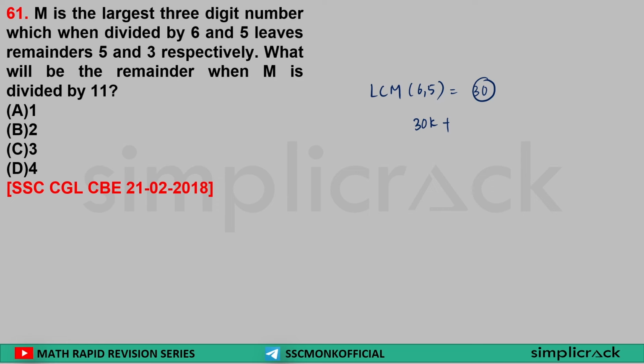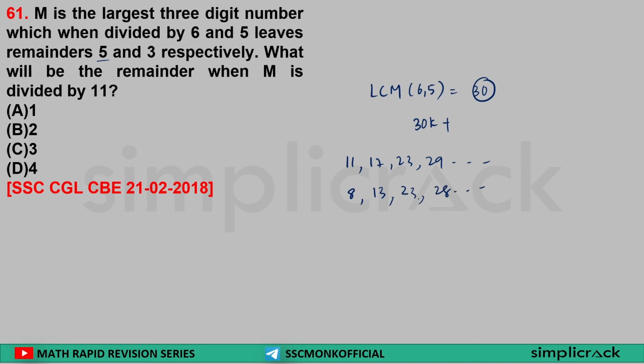Now if a number divided by 6 gives the remainder 5, these numbers can be what? 6 times 1 is 6 plus 5, 11; 6 times 2 is 12 plus 5, 17; 6 times 3 is 18 plus 5, 23; 6 times 4 is 24 plus 5, 29, and so on. Then if a number divided by 5 gives a remainder 3, that number can be what? 5 times 1 is 5 plus 3, 8; 5 times 2 is 10 plus 3, 13; 5 times 4 is 20 plus 3, 23; 5 times 5 is 25 plus 3, 28.